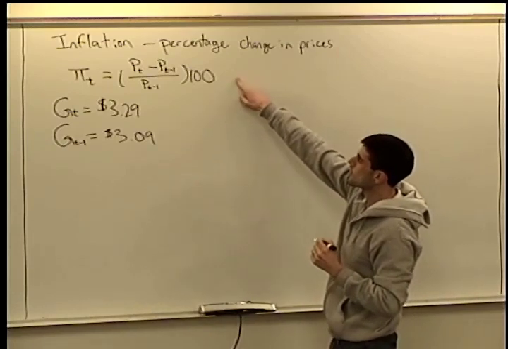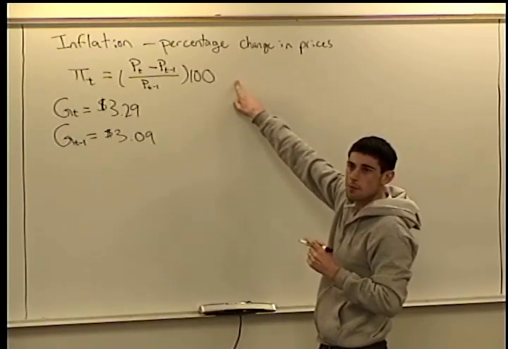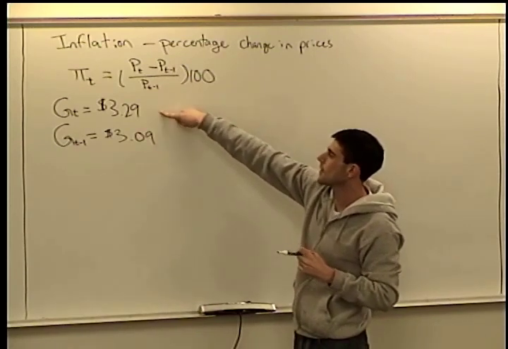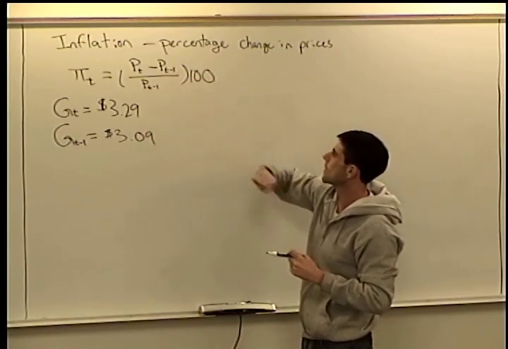Then to find inflation for the price of gasoline, or how much gasoline has risen or fallen between 6 months ago and today, we just plug it into this formula.